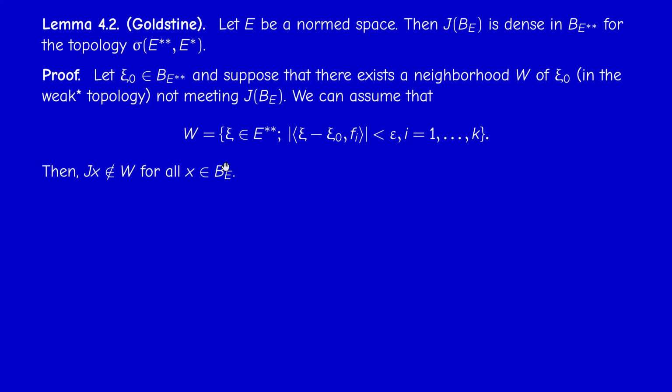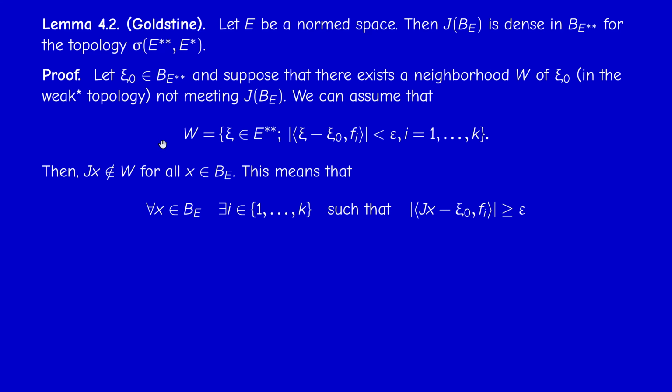This neighborhood does not meet J of BE. What does this mean? It means that if x is in BE, then Jx is never in W. For every x in BE, Jx is not in W.